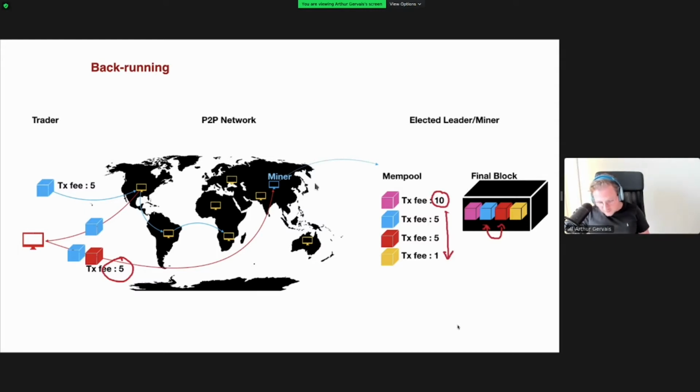So if you receive 2 transactions with the same fee, then the first is basically the first come, first served principle. Okay, and this allows an adversary to control on a fine-grained level where to position a transaction before or after a victim transaction.